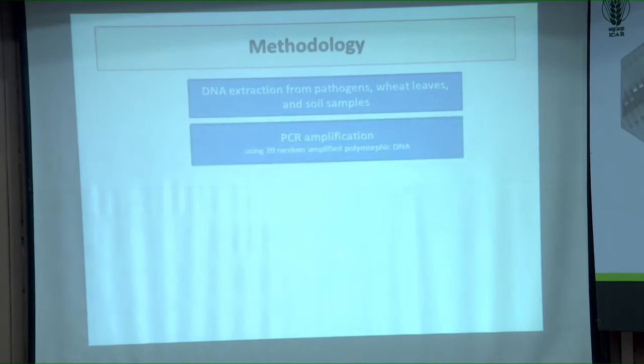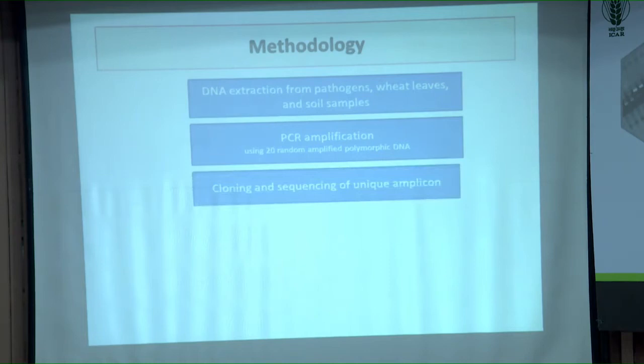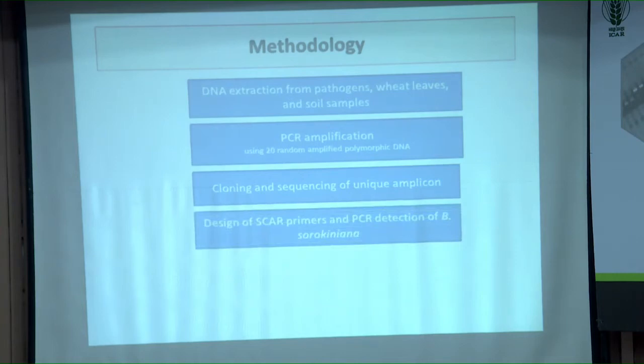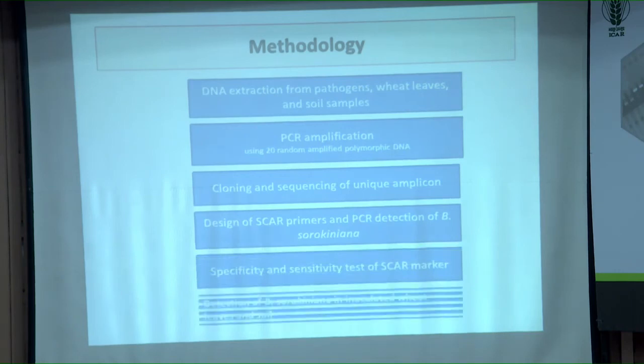Afterwards, for PCR amplification, they used random primers as well as URP primers. Further, they cloned that particular unique region, and primers were designed for the development of markers, and then the specificity and sensitivity of the markers were tested.